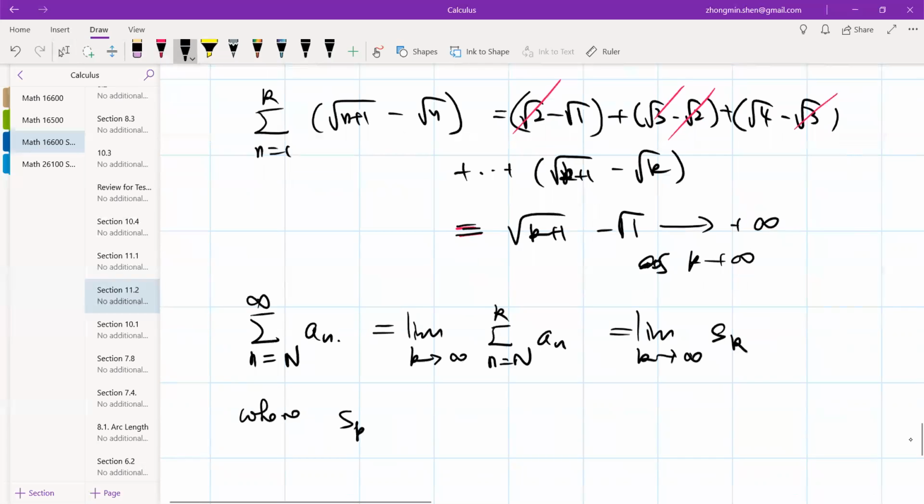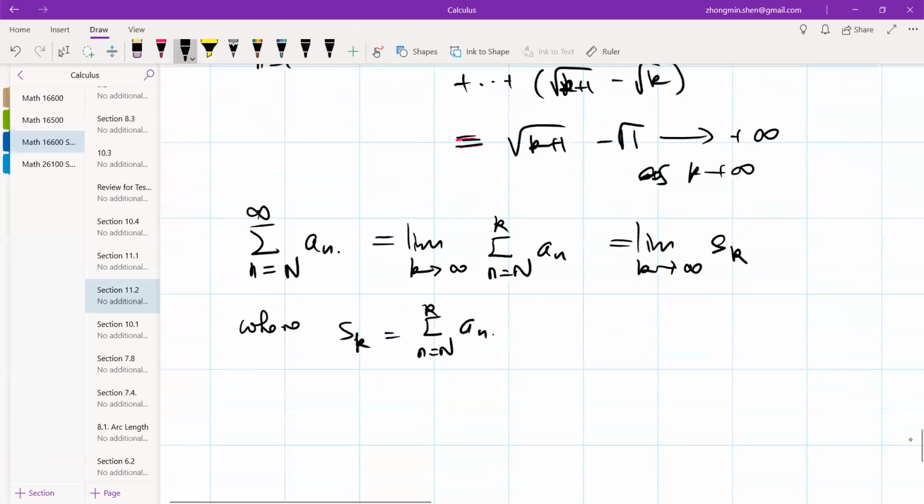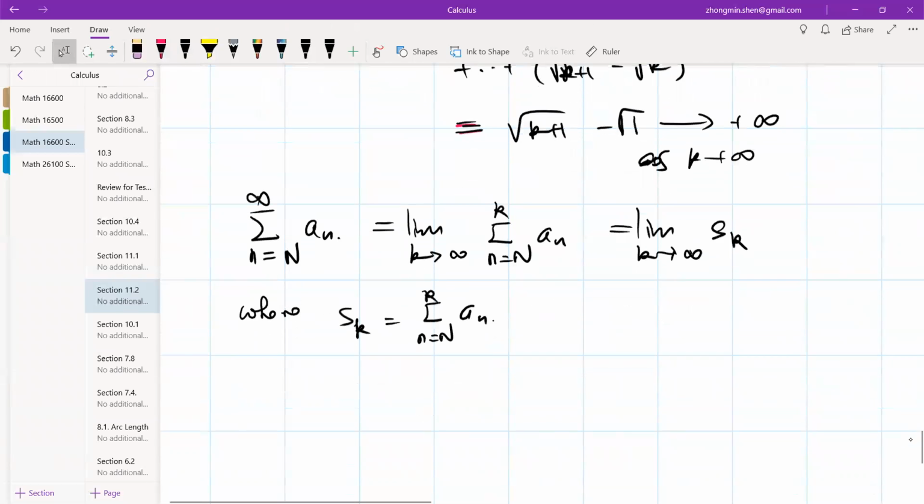So you will get another sequence. If this sequence is convergent, then you say the series is convergent. Is there a difference between sequence and series? Sequence, you just say sequence of numbers. Series is going to be the limit of the partial sum. So this is called the partial sum.